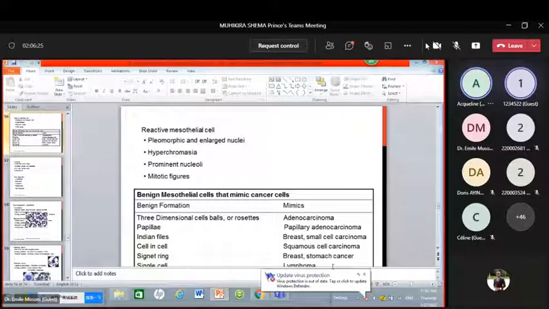What should be the next step after the report from the lab, if they confirm it's malignant or inflammation? It will be the treatment. This is the role of the lab, to guide the treatment.